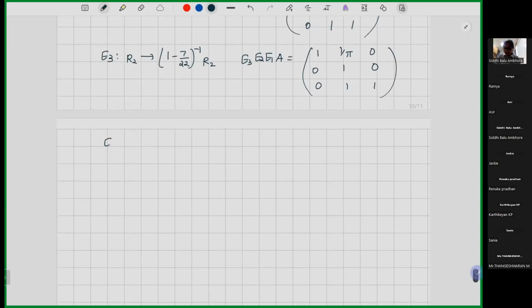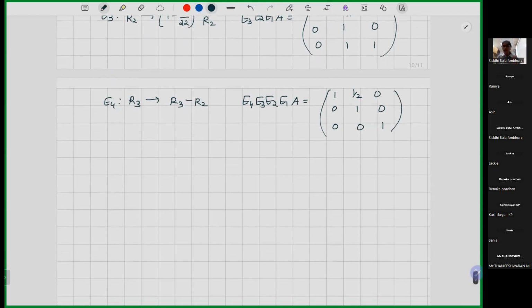Okay, and now E4 is just, what I will do is R3 going to R3 minus R2, and this is E4, E3, E2, E1A, 1 by 2, 0, 0, 1, 0, 0, 0, 1. Is it okay? And now just, it was 1 by pi.